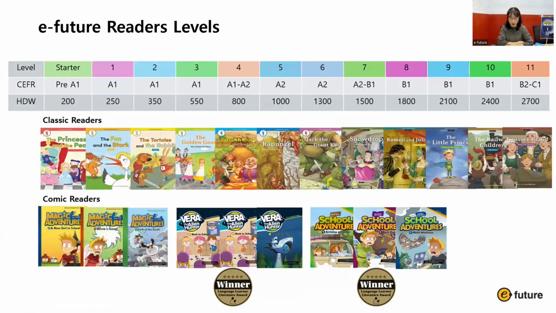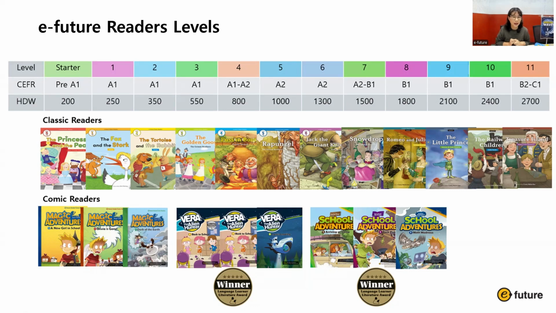And we also have readers, right? If you want to choose a reader, you can look at the readers level chart. So we have CEFR level from pre-A1 to B2, C1, and Headword level as well. So you can choose readers, right? And because our books are correlated with CEFR, YLE level, you can match the books, right?